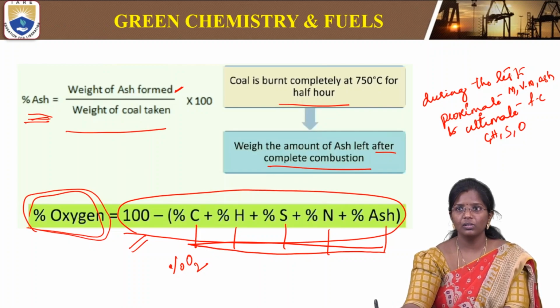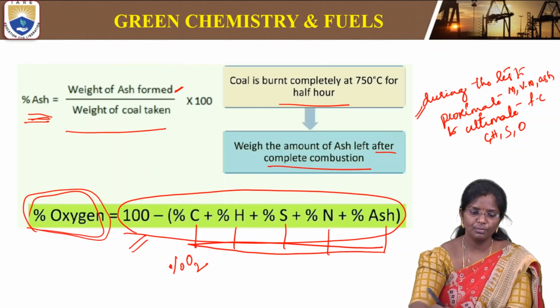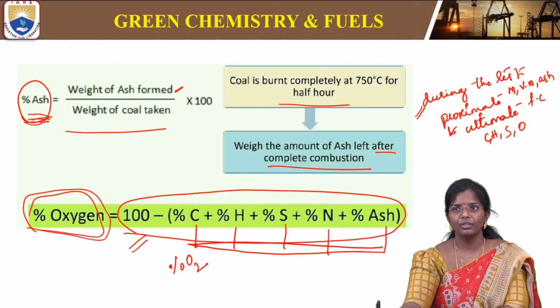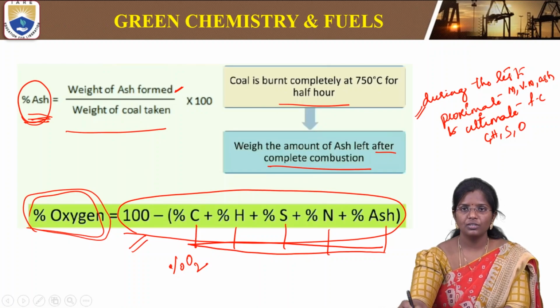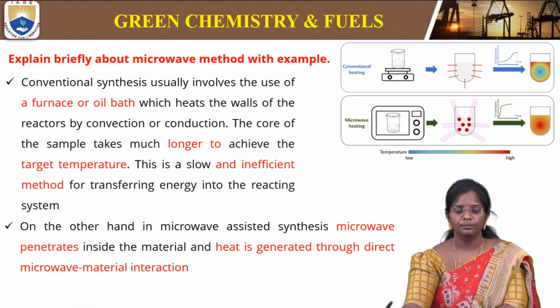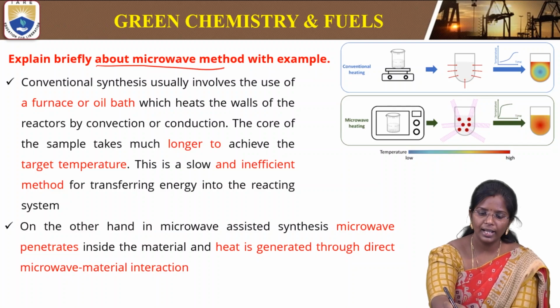Before that we also have to do the proximate analysis because the ash content is considered here. Therefore we have to perform both tests for any coal sample before we rank it according to the ranking that is present.